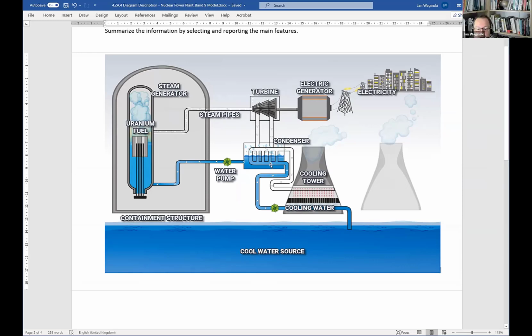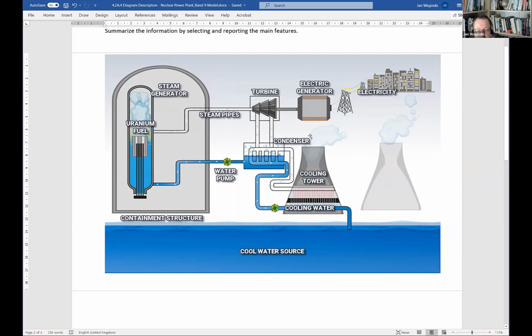Don't worry too much about being super precise about this. All you need to say is that after the steam leaves the turbine, it goes into the condenser. What happens in the condenser? It cools down. Cools down and the water re-enters the containment structure. Got it.